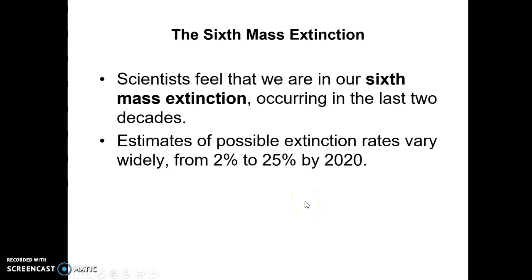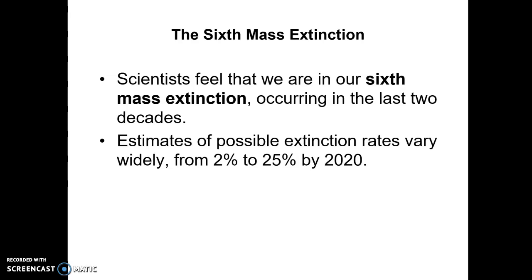Okay, so it's really hard to get good estimates of extinction rates, and they vary widely from one published paper to another. Some of the problem in doing that is we haven't even identified all types of species, so it's hard to calculate when one does become extinct.